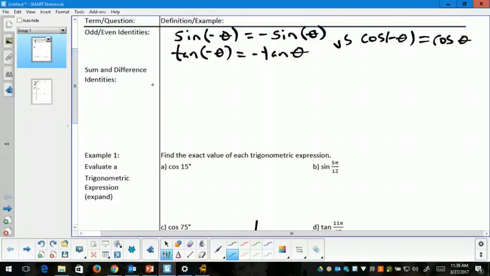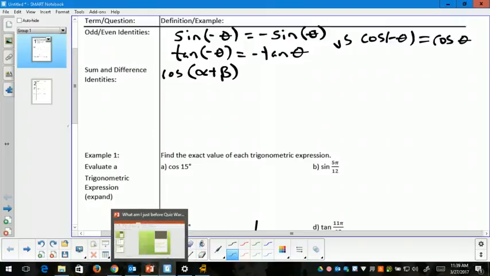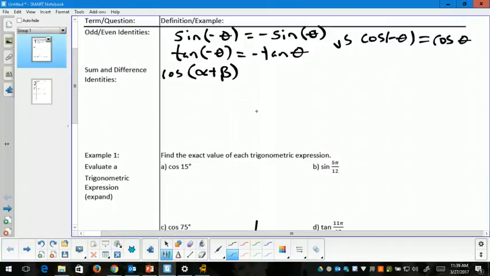Sum and difference identities, we have cosine of alpha plus beta. Those are our angles in Greek letters. Equals cosine of alpha times cosine of beta minus sine of alpha times sine of beta.